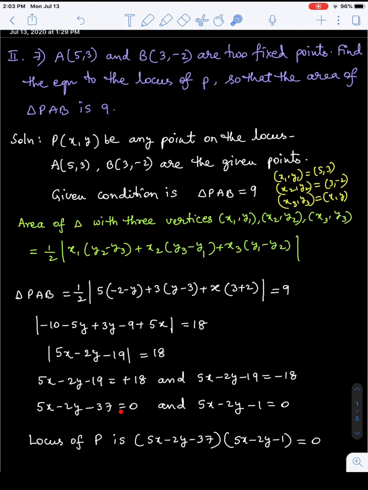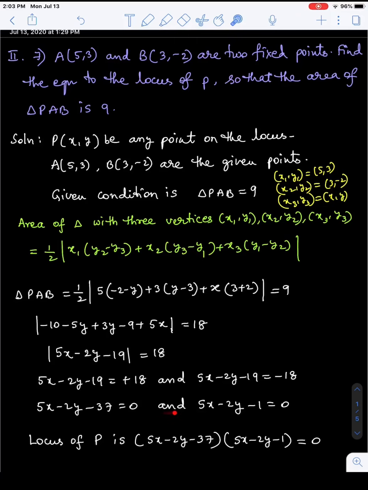So you add them to get minus 37 here. And here, while bringing minus 18 to the LHS, it will become plus 18. Minus 19 plus 18 is nothing but minus 1. RHS is 0, of course, here also.